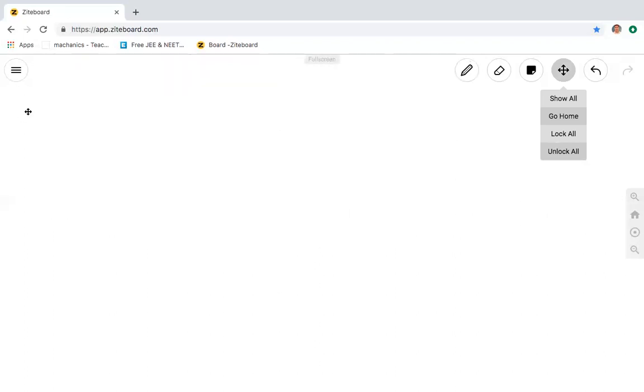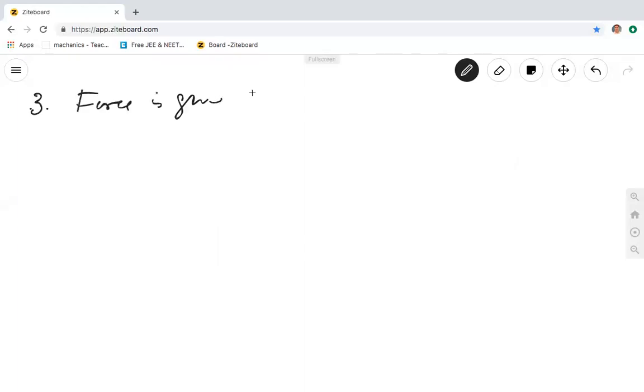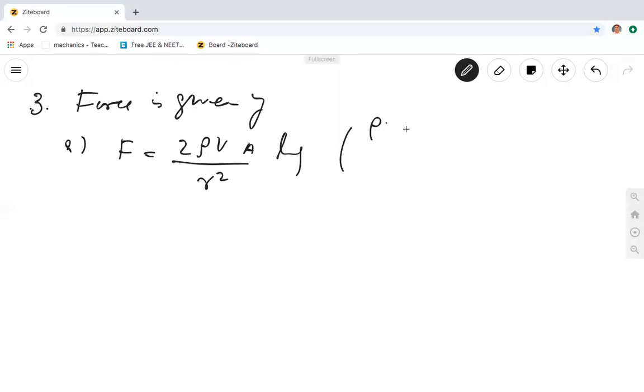Third, force is given by, I am writing 4 options. A, F is equal to 2 rho v a by r square log of rho m by pi a r.